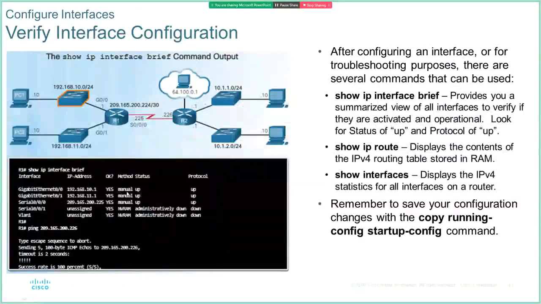So here it was configured manually, the status is up and the protocol is up. So it's turned on and running. So the protocol is communicating with the protocol on the other end of the device.